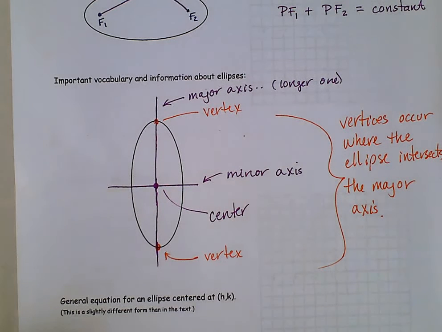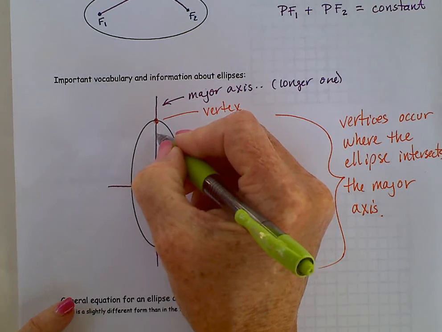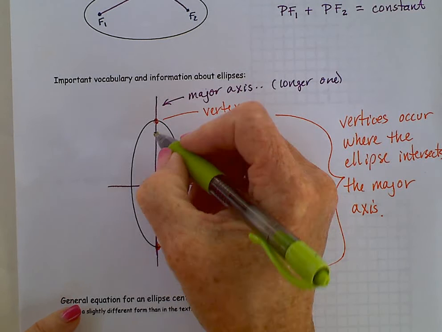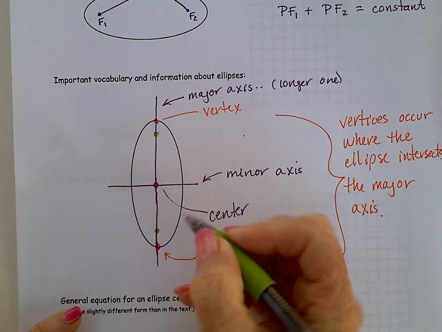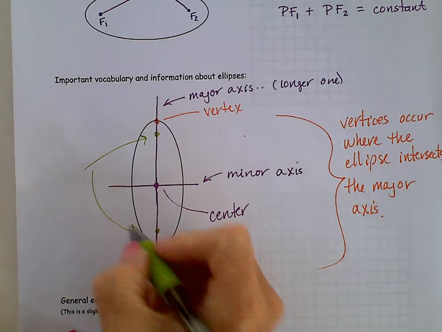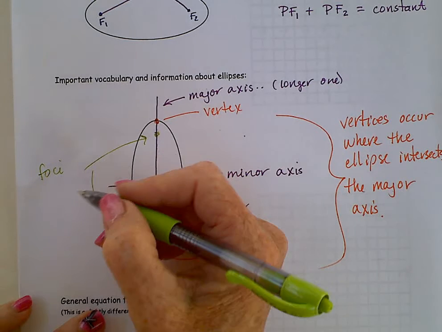The foci are always on the major axis. There's one focus, here's another focus. These are always on the major axis.